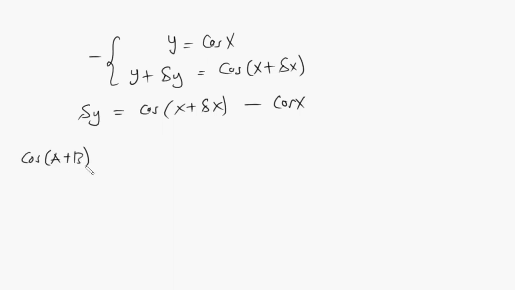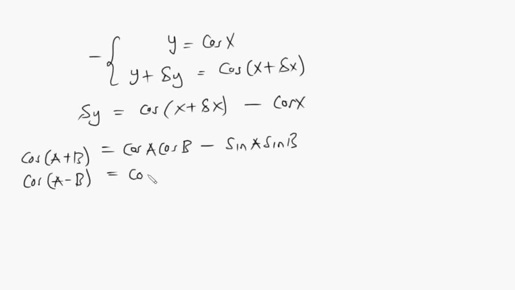Cos a plus b ni sawasawa na cos a cos b minus sin a sin b, and then cos a minus b ni sawasawa na cos a cos b plus sin a sin b.